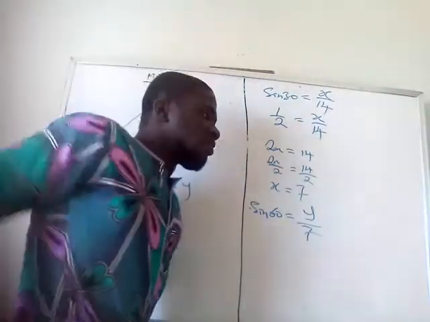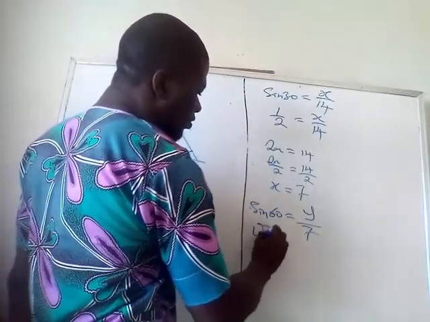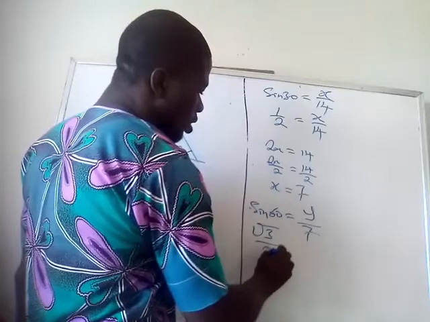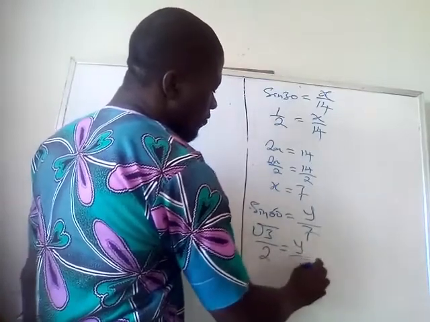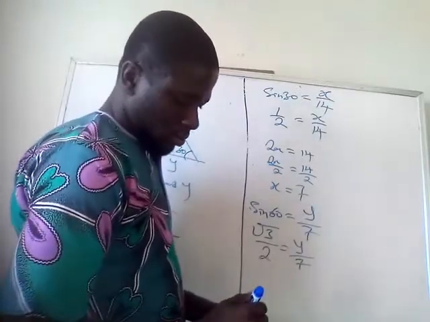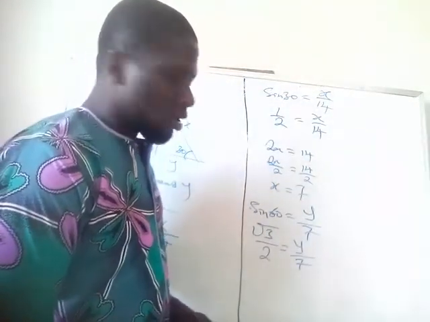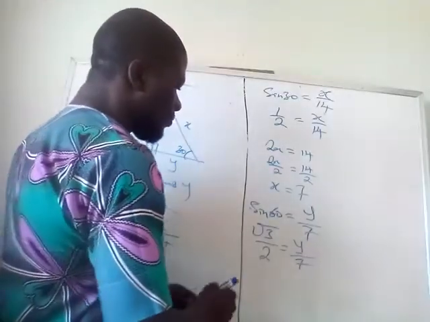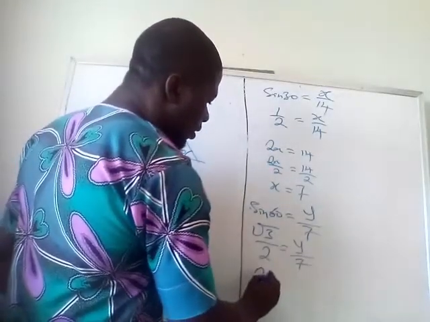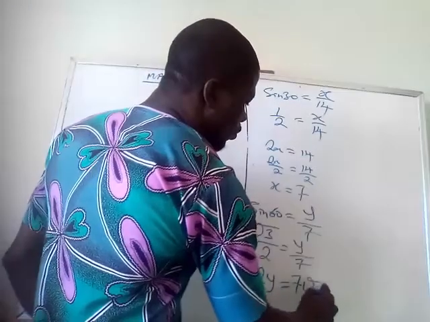So you remove sine 60 and put root 3 over 2 equal to y over 7. Then we cross multiply. If we cross multiply, we have 2y is equal to 7 root 3.